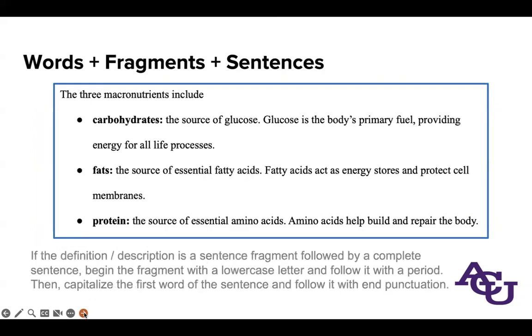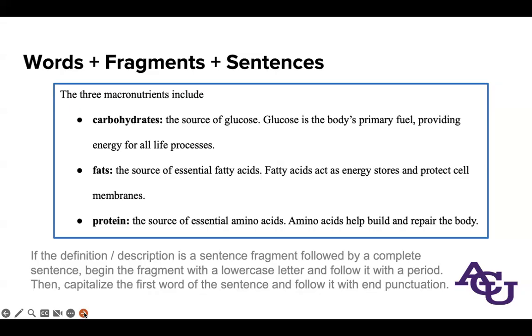Now here's where we get really fancy. APA actually also allows us to have a bullet that consists of a word or short phrase, followed by a defining or describing fragment, followed by a whole complete sentence. So that's a whole lot of information you can pack into a bullet. Again, if we are going to start with a single word or short phrase, we will begin that in lowercase.